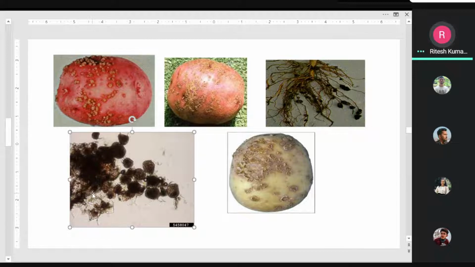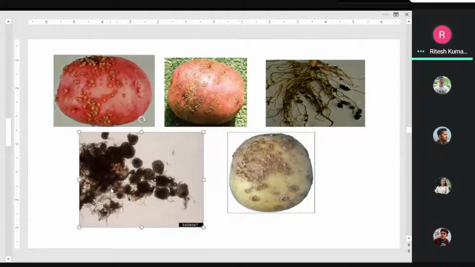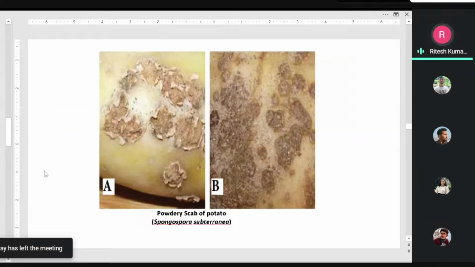Which you have already studied in the third semester. They look black, they are sponge-like. So when this pimple-like spot grows in size, it will increase in size, and finally it will rupture. So when it ruptures, this kind of symptom is seen.